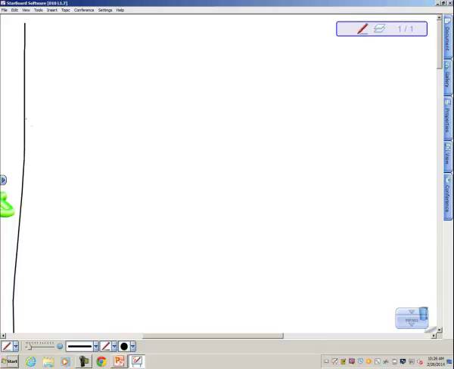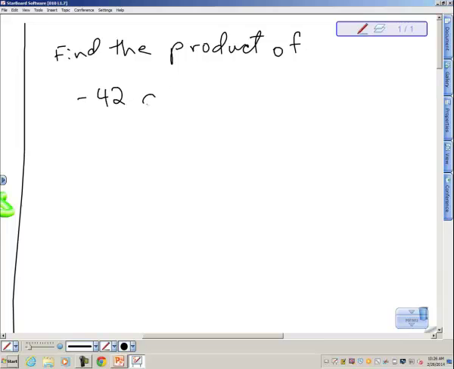Here we have: find the product of negative 42 and negative 6. Go ahead and try that.